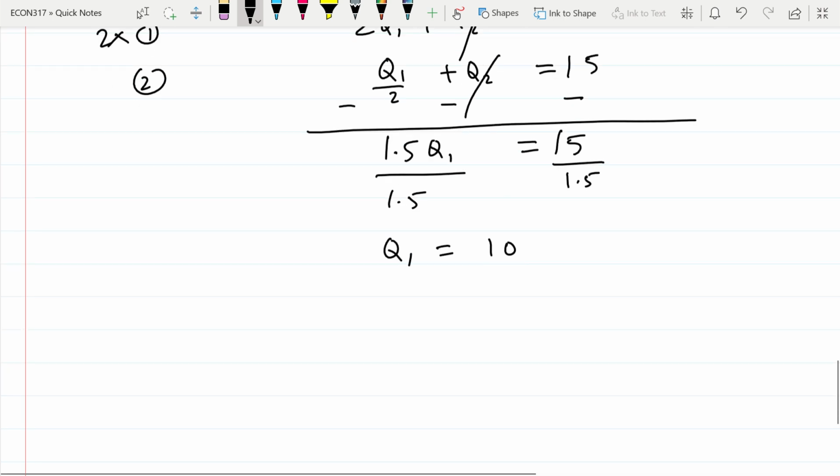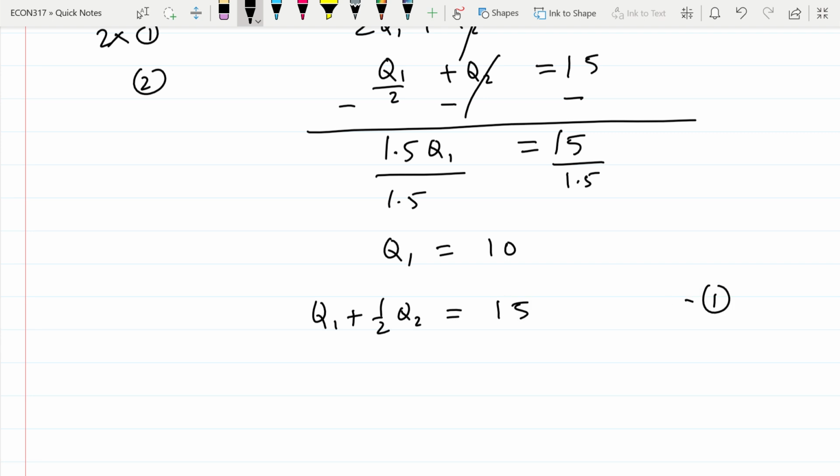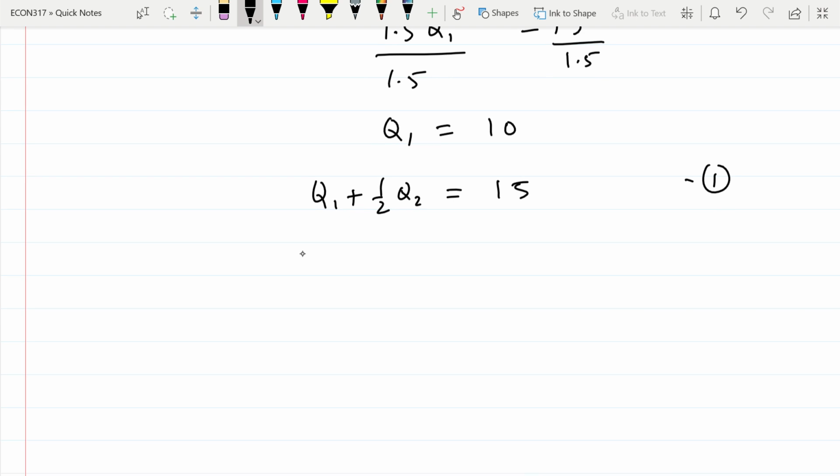Once I have Q1 to be 10, I can use this in the first equation, where Q1 plus 1/2 Q2 is given as 15. This is my equation 1. I will plug in the value of 10 for Q1. I want to find out Q2.